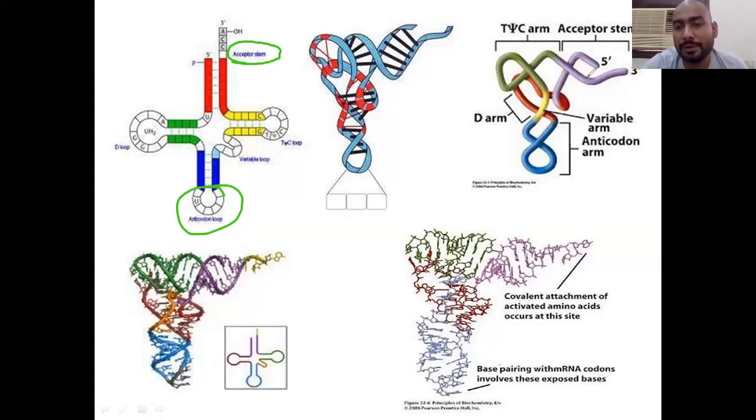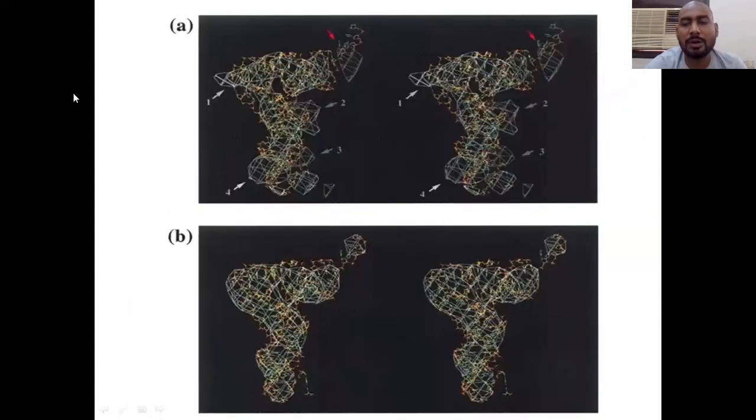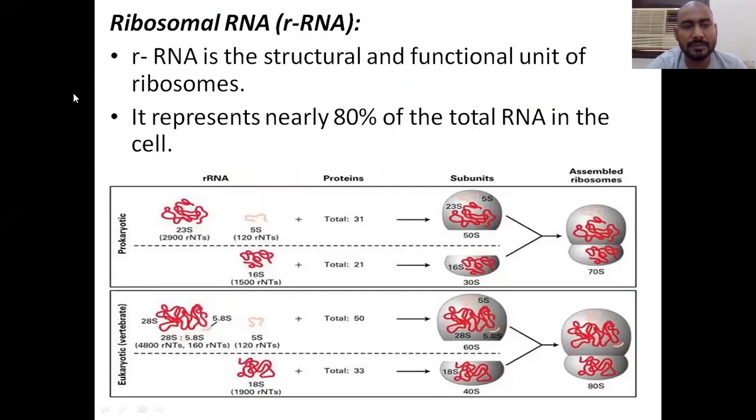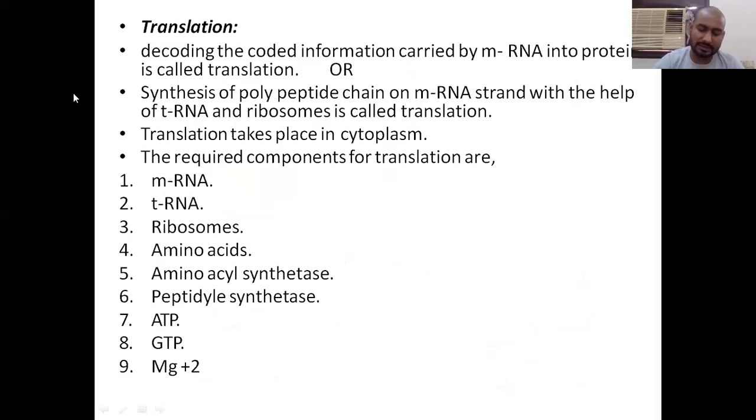This is the mRNA molecule's 3D structure. Next is the ribosomal RNA. It is also very important. mRNA finished, tRNA finished, and third is the rRNA, ribosomal RNA.